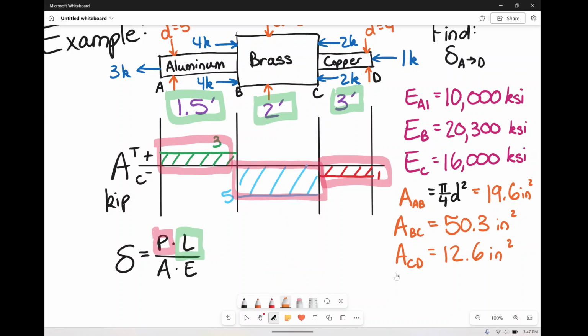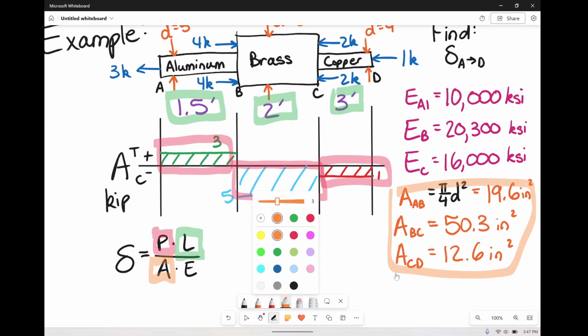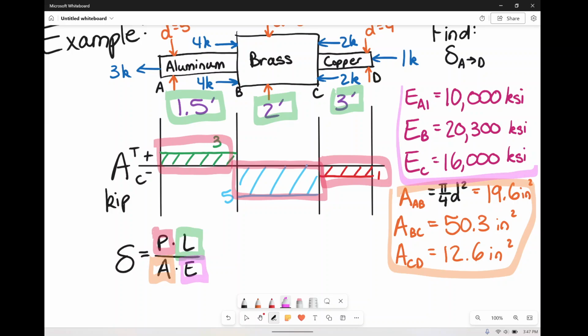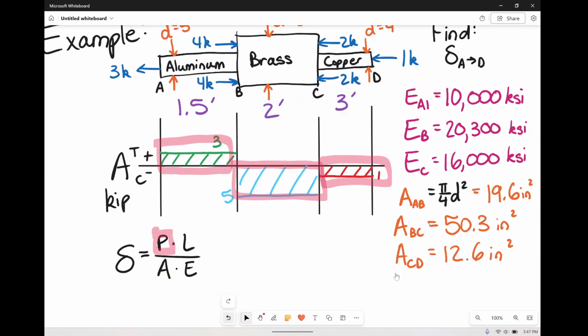We have area. I'm just going to highlight it in orange because here's our areas. And then we have modulus of elasticity. And here we have modulus of elasticity. So we have all of our things, but they're constantly changing values. Almost every single value is changing. So all we need to do is plug and chug individually.